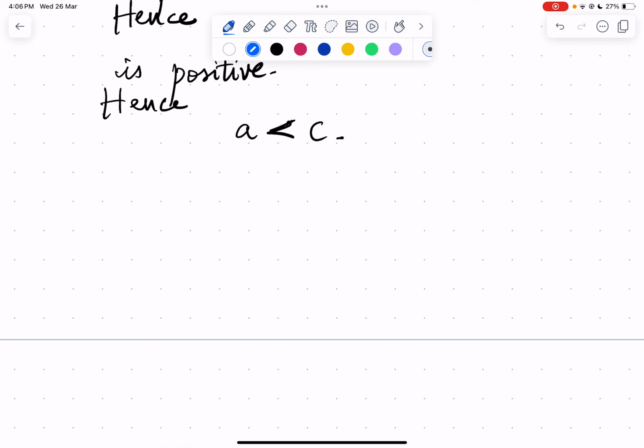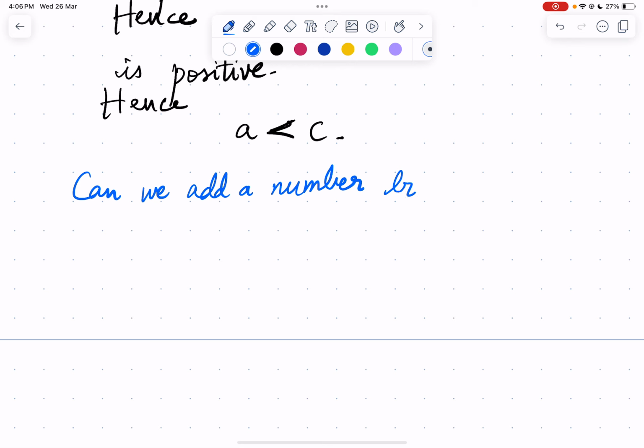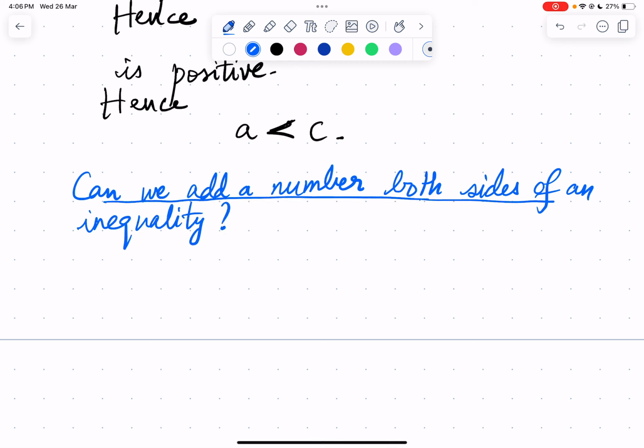Can we add a number to both sides of an inequality?